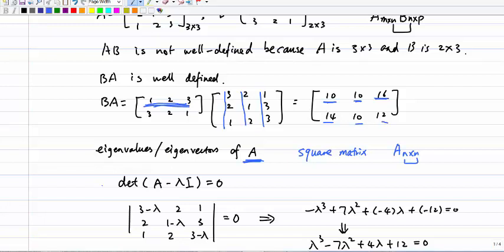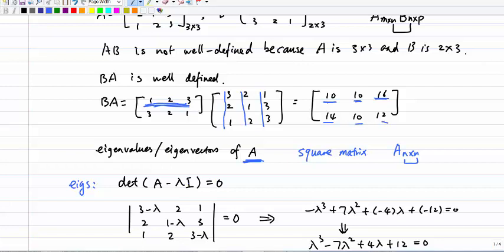First, let's compute eigenvalues. The eigenvalues are computed by solving the determinant of A minus lambda I set to 0. This is also called the characteristic equation. You compute the determinant of A minus lambda I, set it to 0, and solve for lambda. Those will be your eigenvalues.